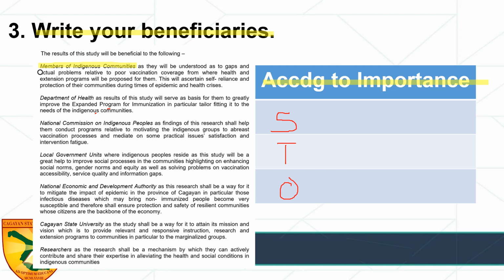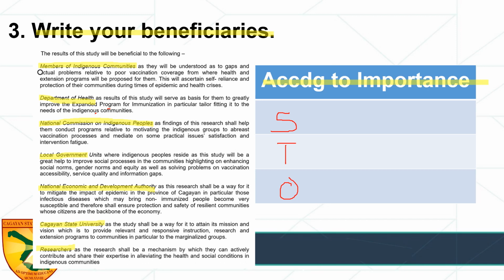It is important to Department of Health. It is important to the NCIP, important to the LGU, important to NEDA, important to Cagayan State University, and important to the researchers. So you can pause this PowerPoint video and look at the narratives after this.